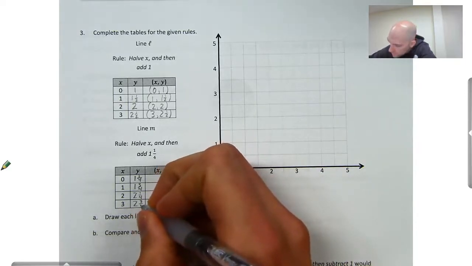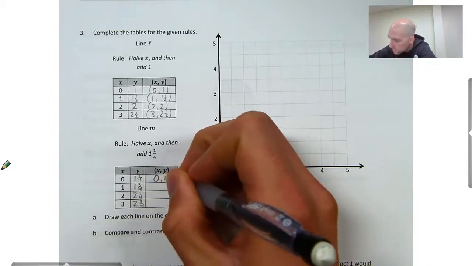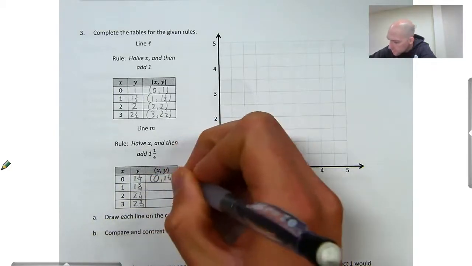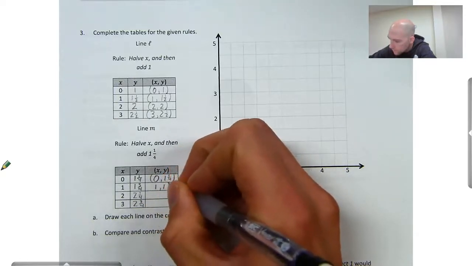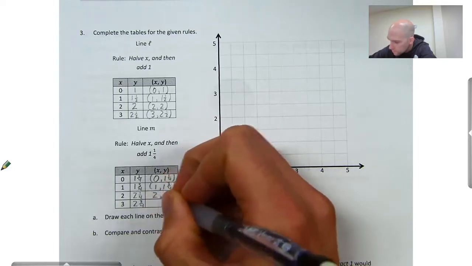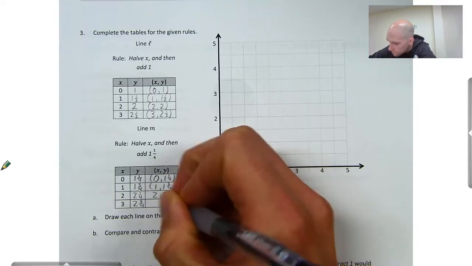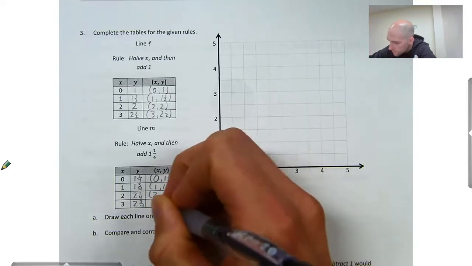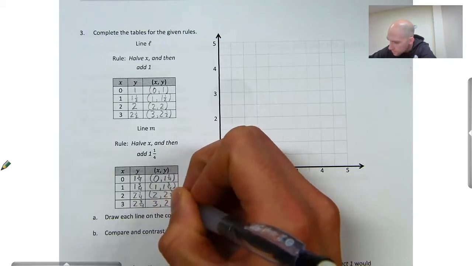So we have (0, 1 1/4), (1, 1 3/4), (2, 2 1/4), and (3, 2 3/4).